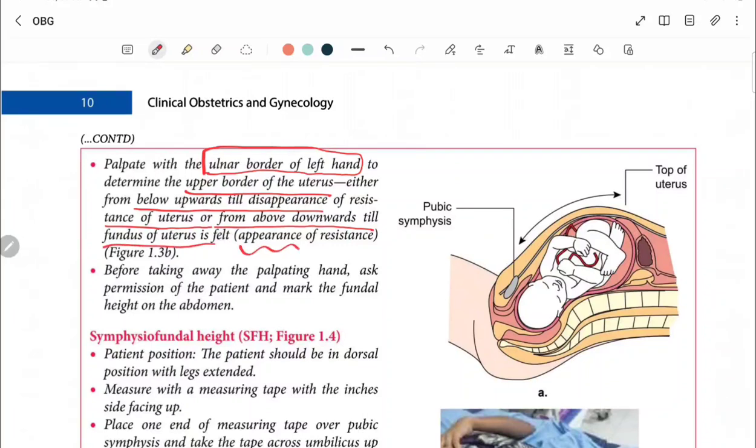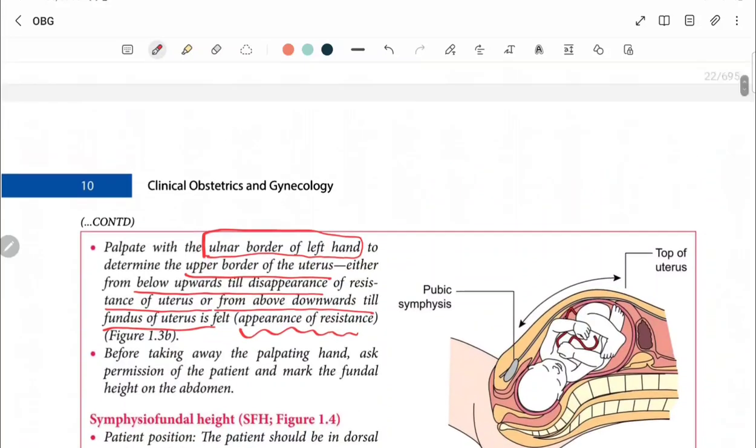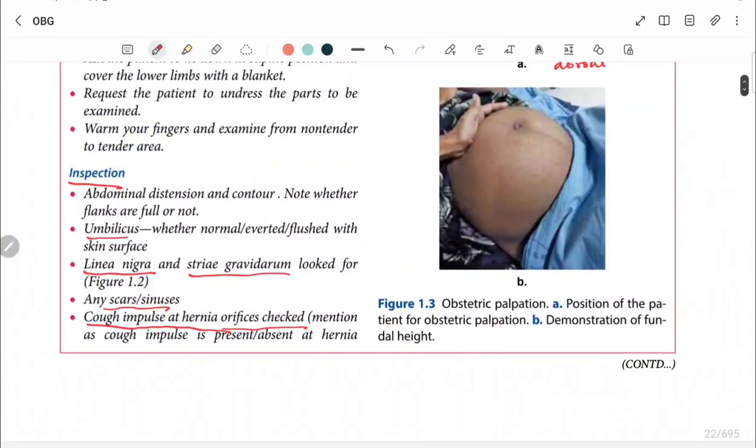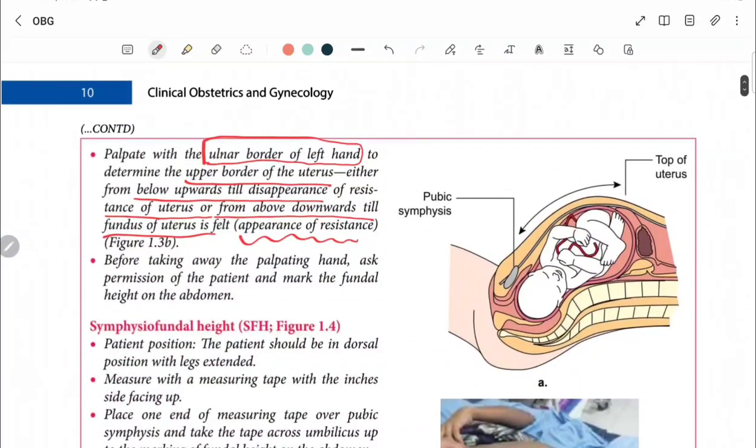So basically, you take your ulnar border and start feeling for resistance, and this resistance denotes the uterine fundus. Usually it's done from above downwards till the fundus of uterus is felt.